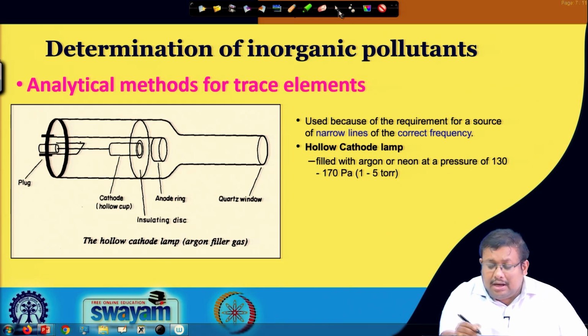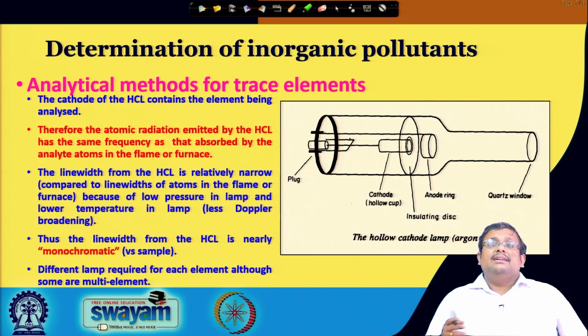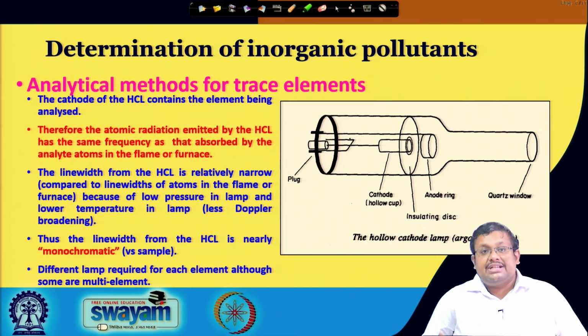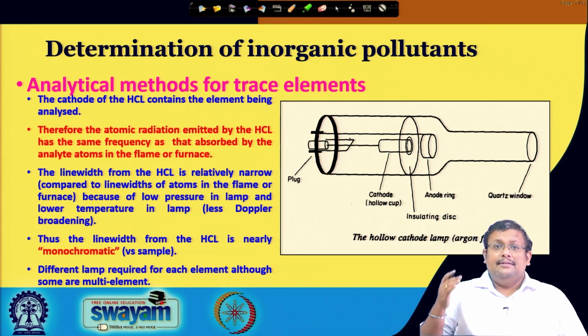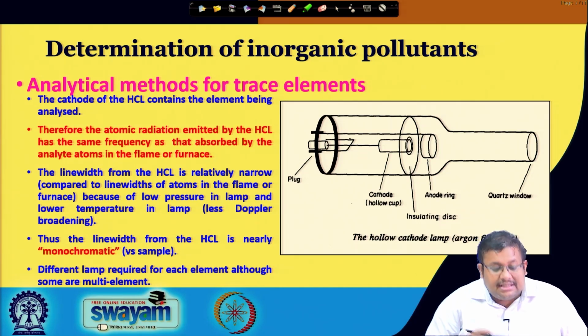Now, the cathode of this hollow cathode lamp, as I told you, contains the element being analyzed. Therefore, the atomic radiation emitted by the HCL, or hollow cathode lamp, has the same frequency as that absorbed by the analyte atoms in the flame or furnace.